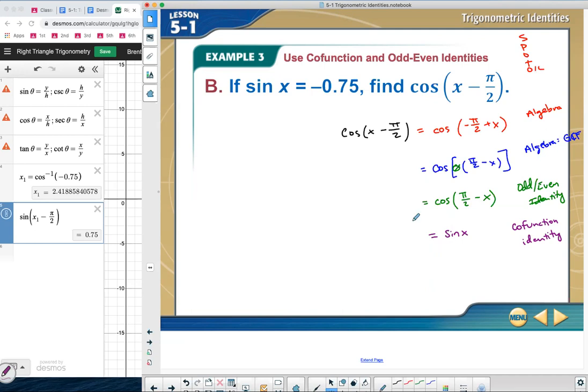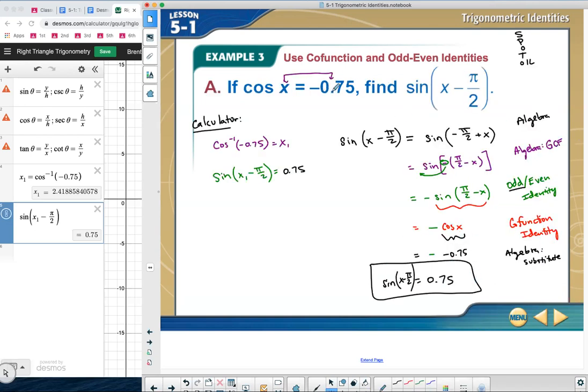And we know sine x is equal to negative 0.75. So our cosine of x minus pi over 2 is equal to negative 0.75.